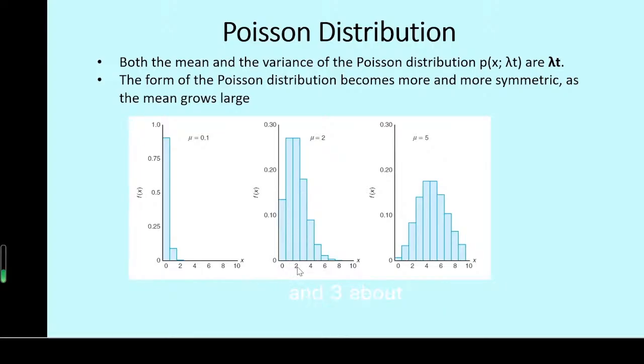And 3 about. But if we let mu equal 5, we can see most occurrence at 4, 5, 6, and it becomes very symmetric in shape. So when lambda t, mu, gets large, the shape of the Poisson distribution becomes more and more symmetric.